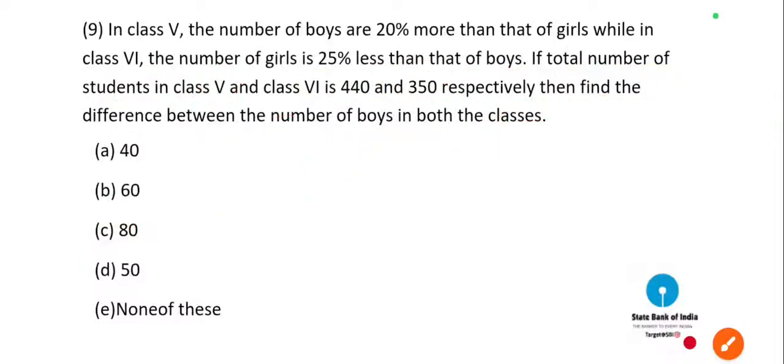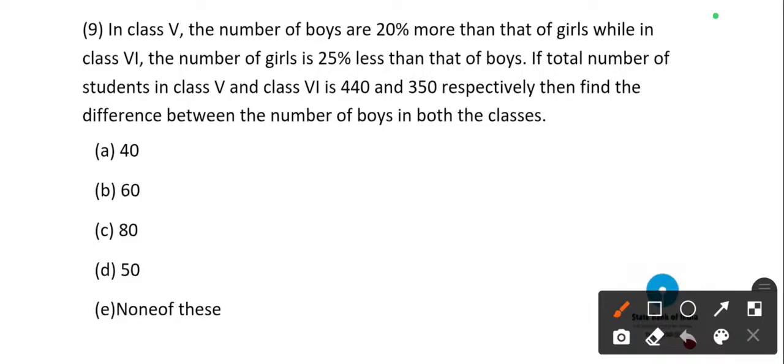Let's see one more time. The ratio of boys and girls in class 5. According to this one, boys to girls are in the ratio of 20% more. 20% more means 1/5 more, means 6/5.